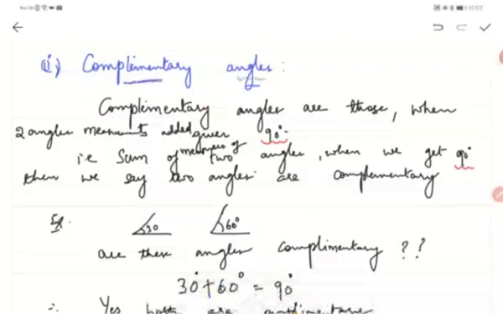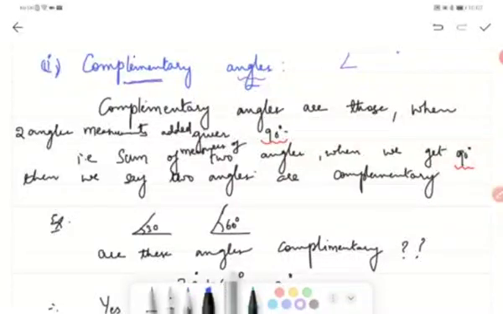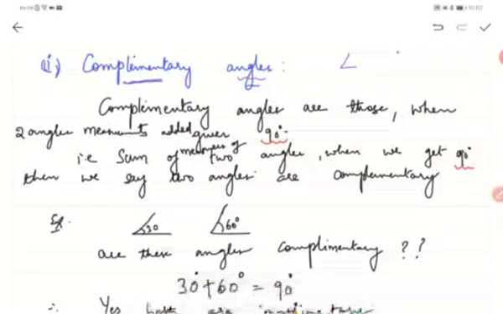So I've told we are going to learn the relation between two angles. All right, so whenever two angles are given, you say that these two angles are complementary only when the sum of these two angles is 90 degrees. Okay, you call them complementary angles.